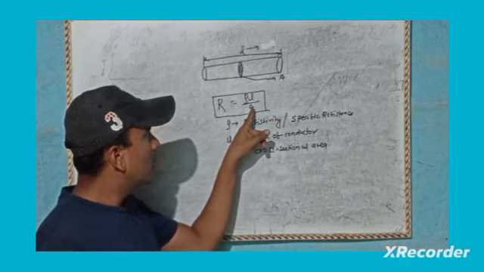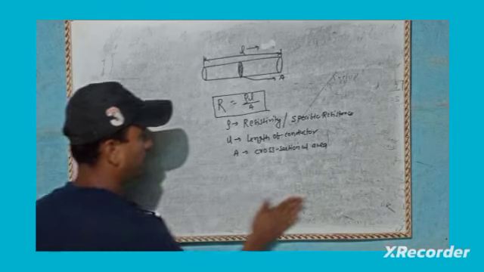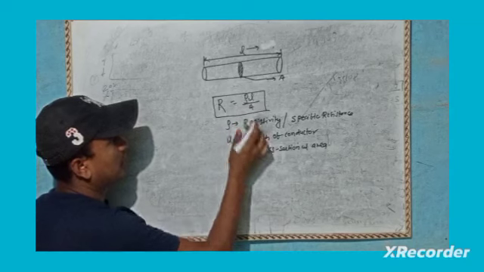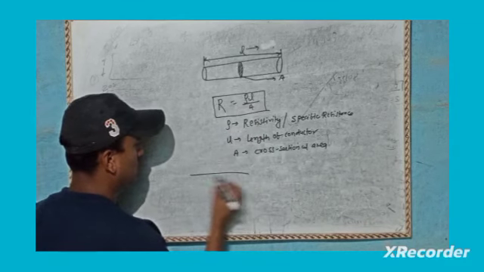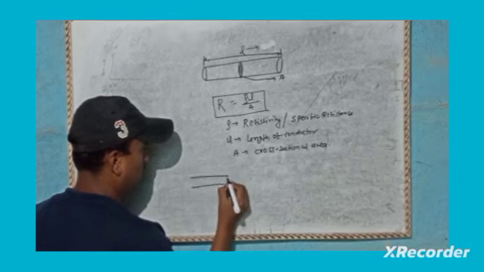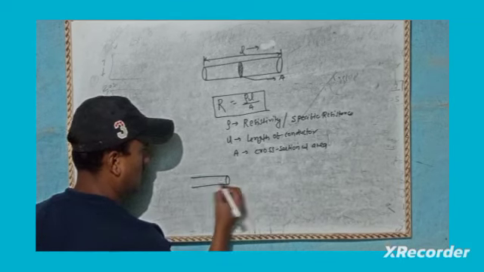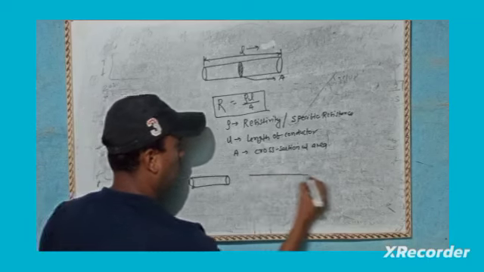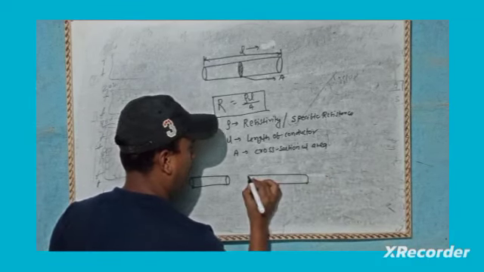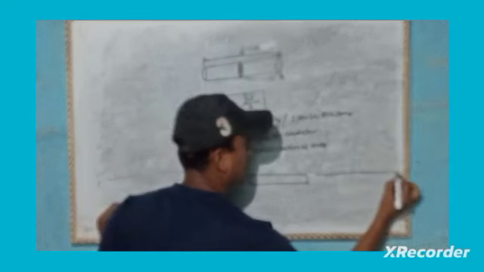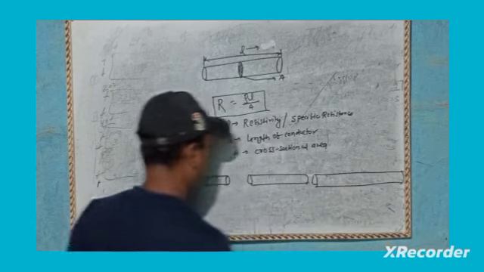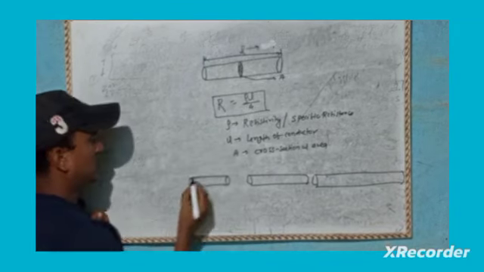R depends on L and A. Resistivity depends only on the metal. Suppose it is one piece of silver.